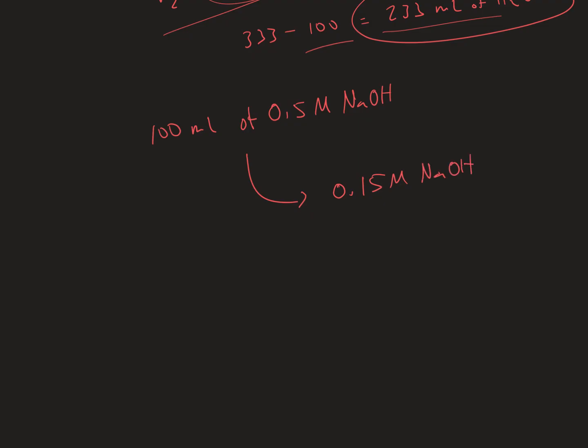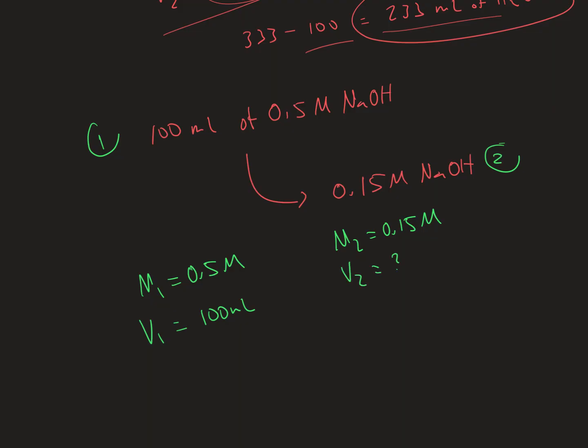You follow? So this is my first solution, and this is my second solution. So M1 is equal to 0.5. Good? V1 is 100 milliliters. M2 is 0.15 molar. And V2 we don't know.